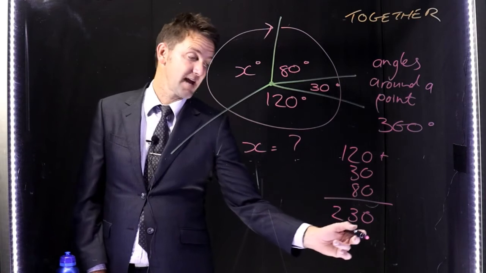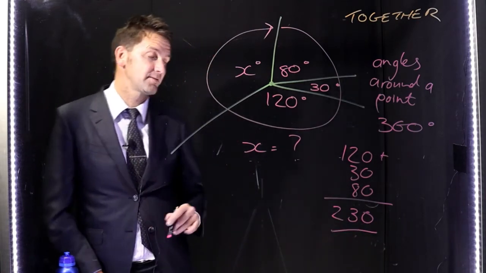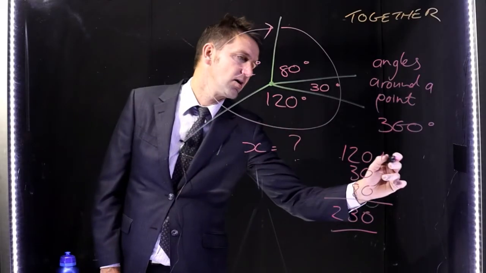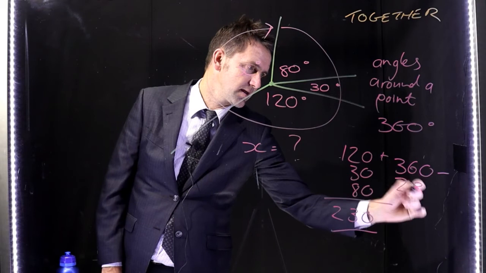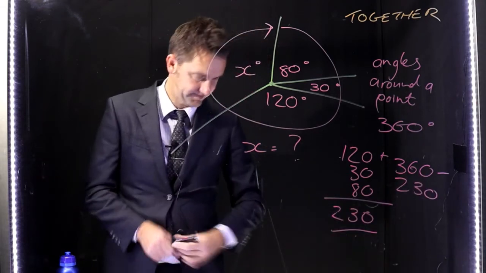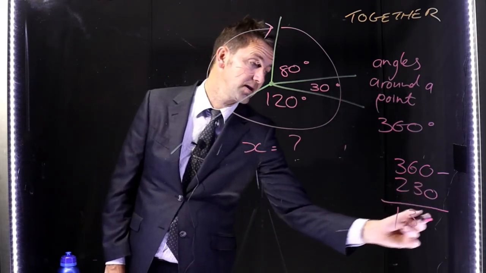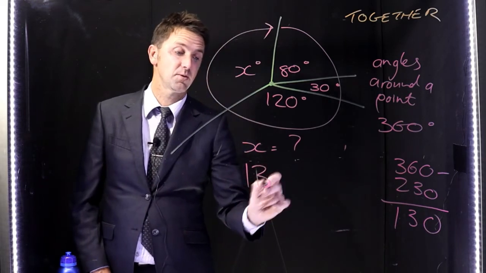And then we should have taken 230 away from 360, which equals, well, let's write it down. 360, take away 230, which equals 130. So the value of x should be 130.